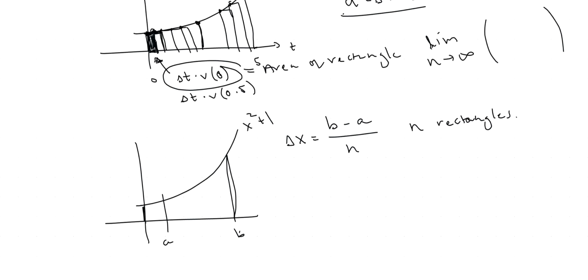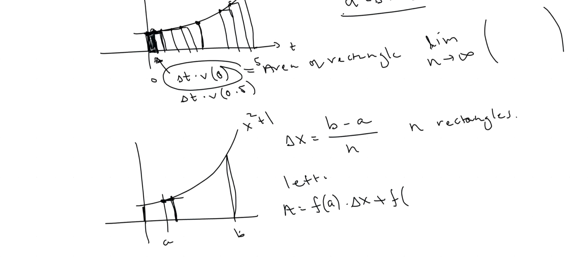Now if I do the left Riemann sum, I'm going to come over here, plug in, go across, and draw that rectangle. So the area is going to be f of a times my width, which is delta x, plus, and then I come over to the next point to draw my next rectangle.